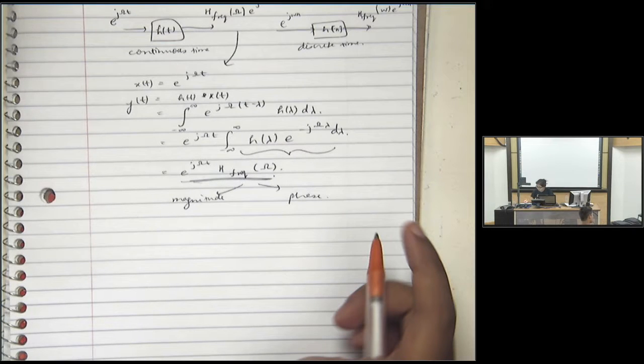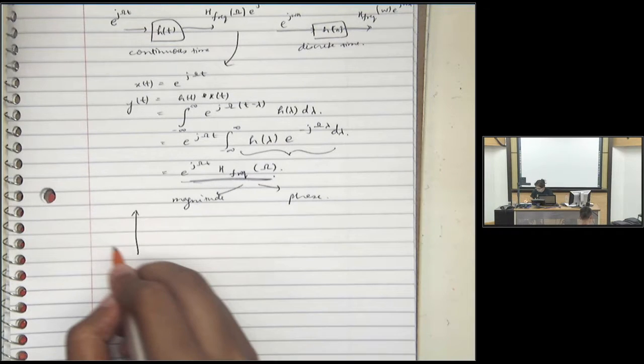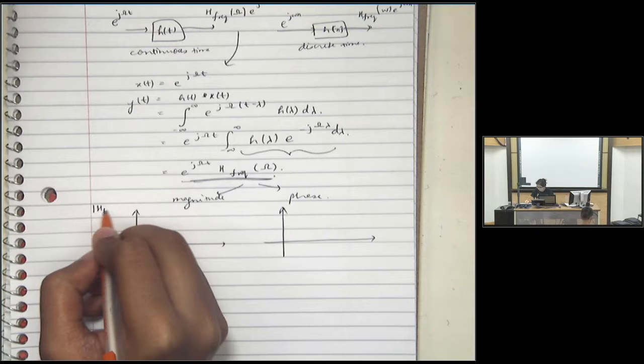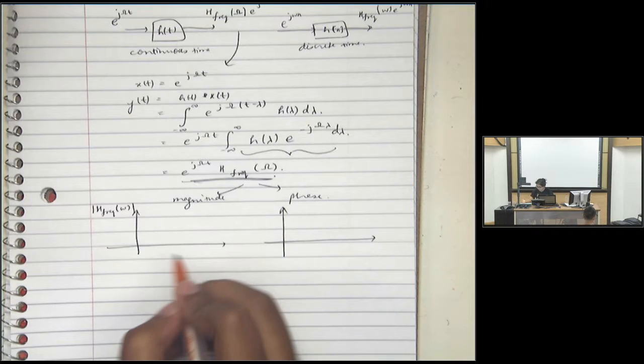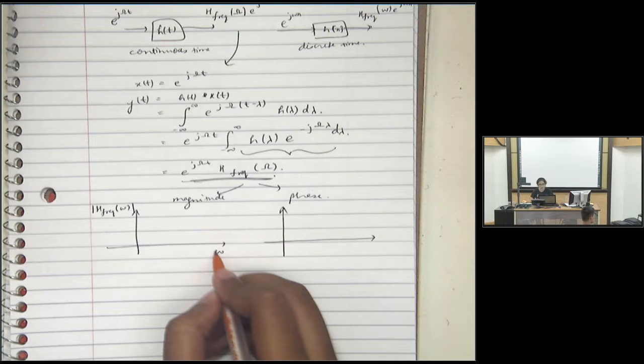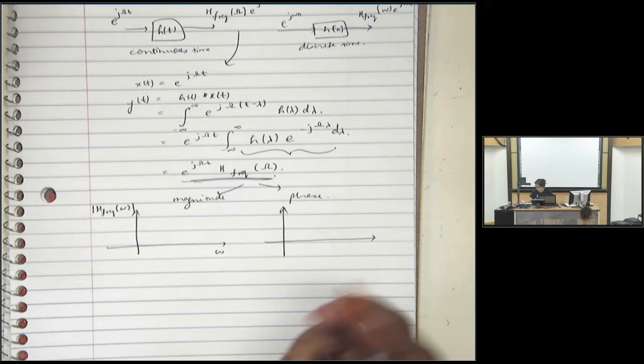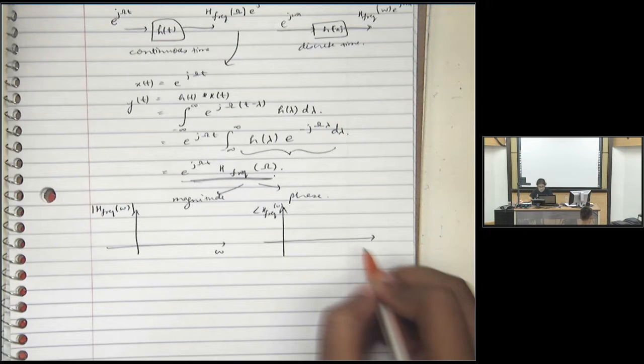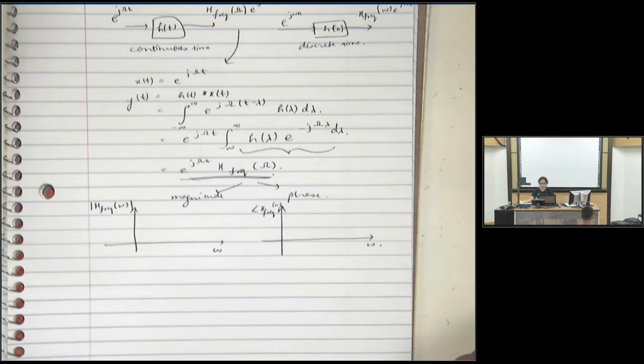And while labeling your plots in exams, in homeworks, just be sure that you're labeling it correctly. So your x-axis or the horizontal axis is not n or t, it's omega. Okay, it's frequency response. And then you have your angle of h, again with respect to omega.